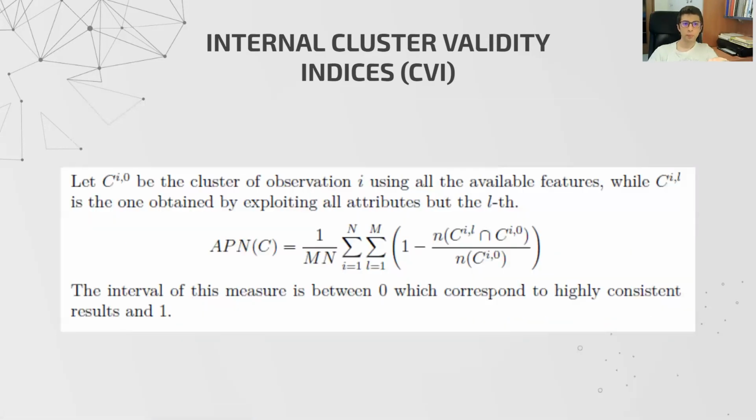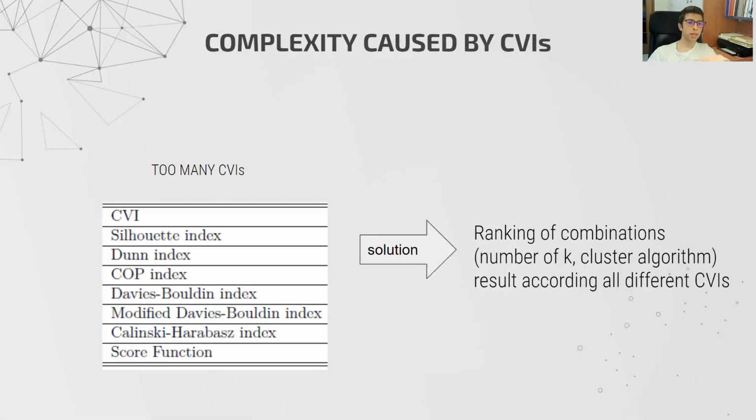So these are different ways to evaluate if one cluster division is stable, is well done, but a lot of CVIs can be evaluated.